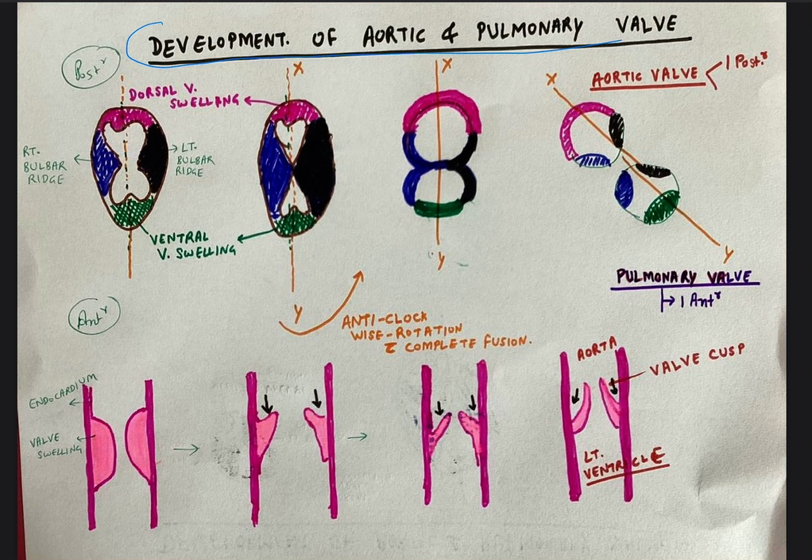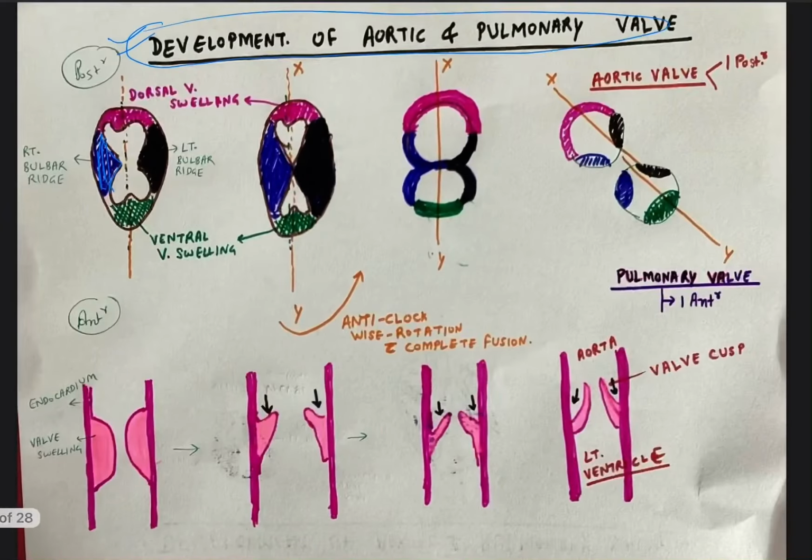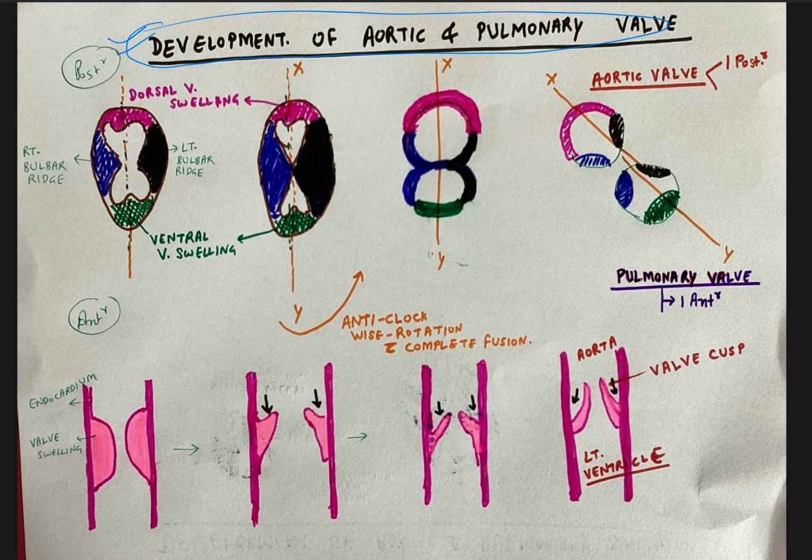In this I am showing development of the aortic and pulmonary valves. I have explained that these two ridges, these are the conal bulbar ridges, are developing in the lateral directions. These bulbar ridges develop from the lateral swellings, and they meet each other in the central part.